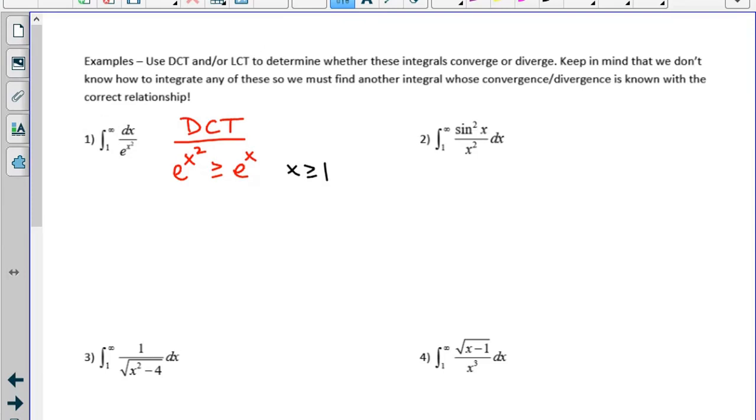Because of that, I can then divide both sides by e to the x and by e to the x squared. And so I have this fact that 1 over e to the x is always greater than or equal to 1 over e to the x squared.